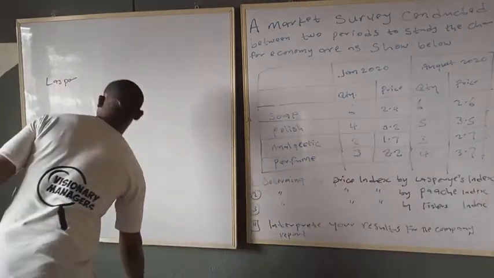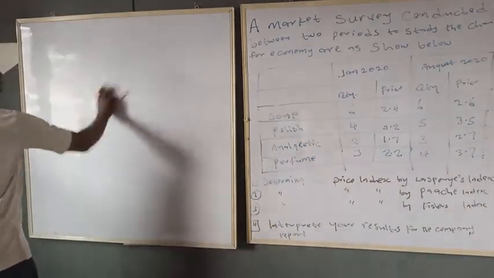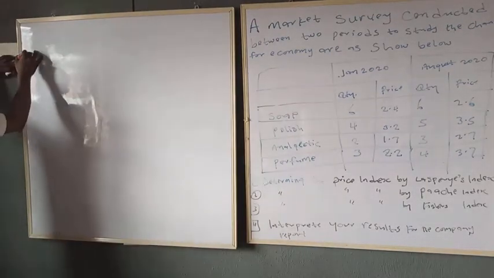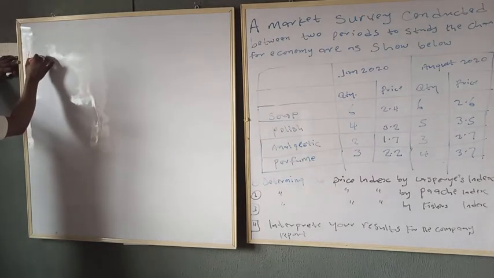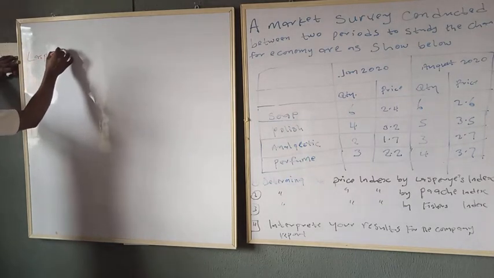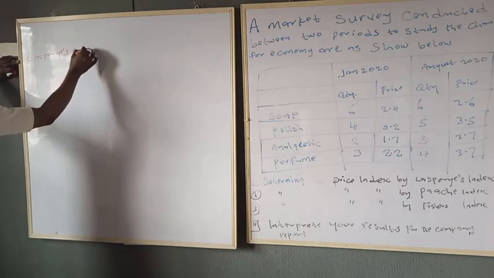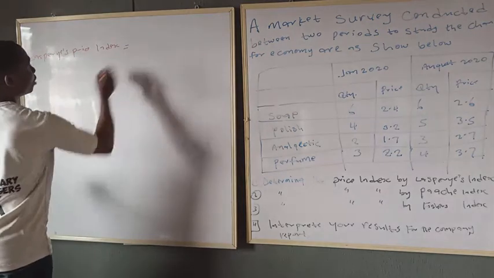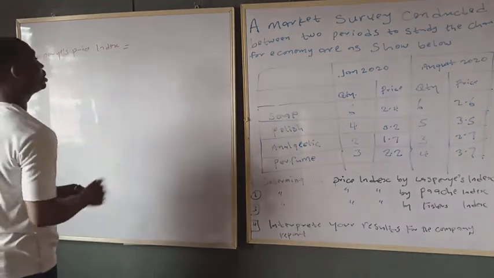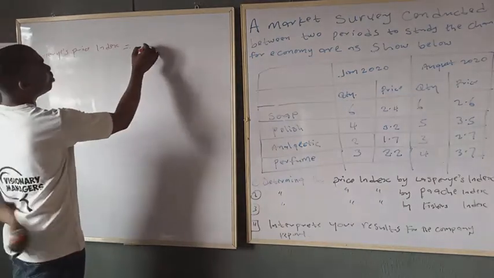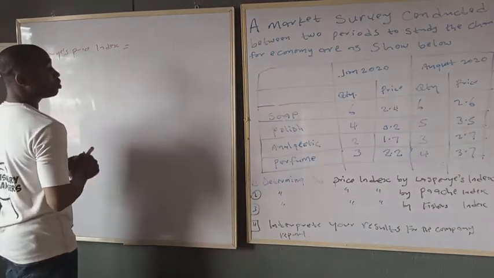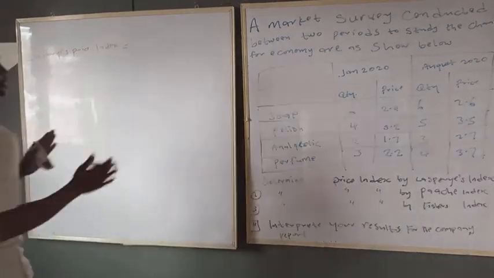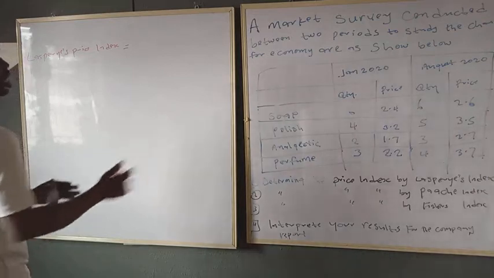The first thing is to state the formula. When we want to use Laspeyres price index, the formula is, we know that normally we want to calculate the price index, and we'll be using price and quantity in our calculation.